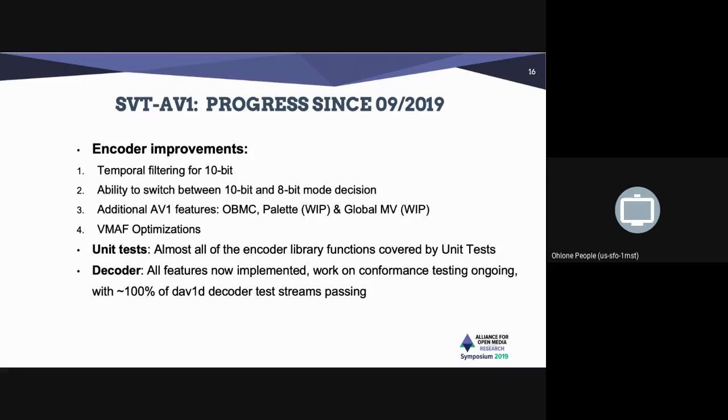In terms of unit testing, almost all of the encoder library functions are now covered by unit testing, and from the decoder side, all features are now implemented, and we are testing the conformance, where about 100% of the Argon decoder test streams are passing.